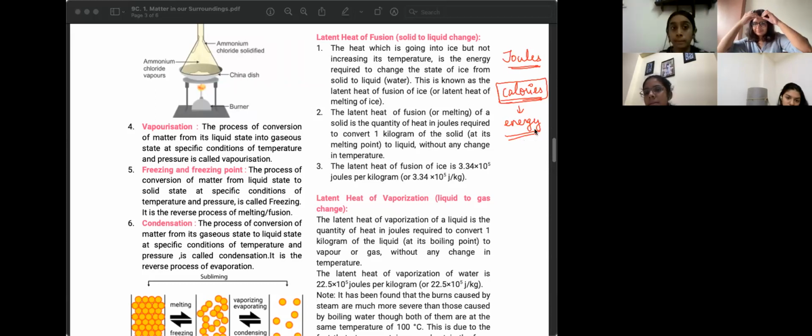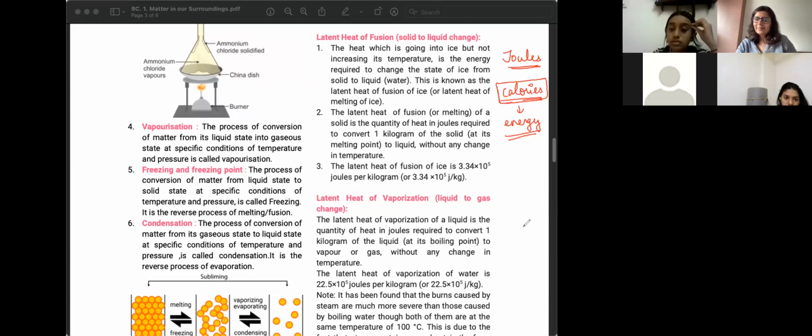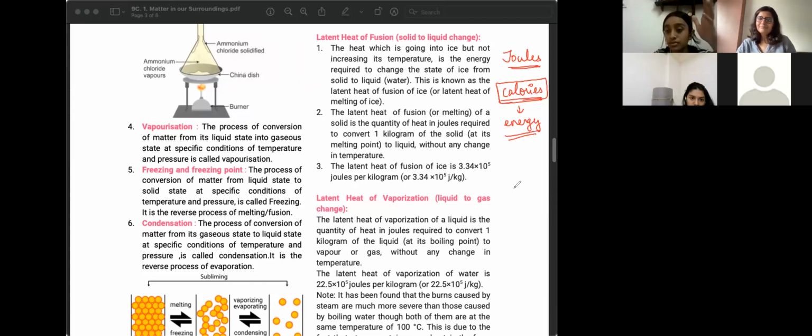Like if you want to run, live, exercise, play. So when they say that you have lost so many calories, so what do they mean by that? What do you mean by you have lost so many calories? As in, like, does it mean that you have lost so much energy?